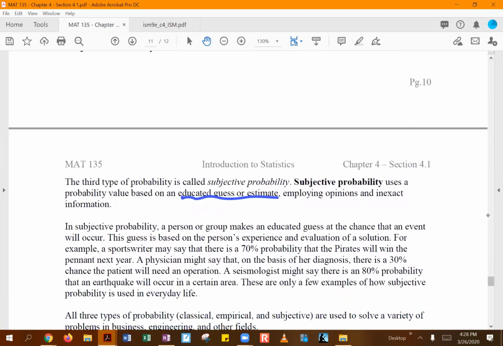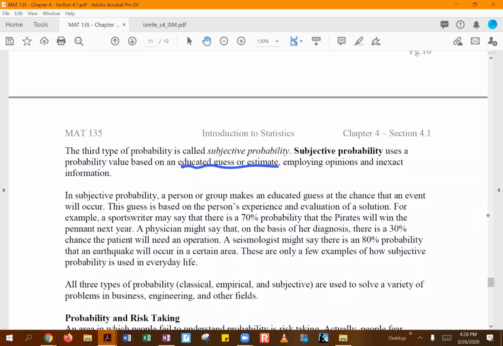So subjective probability is something that will depend on what example you are working with, and whether it makes sense to have that subjective probability used.